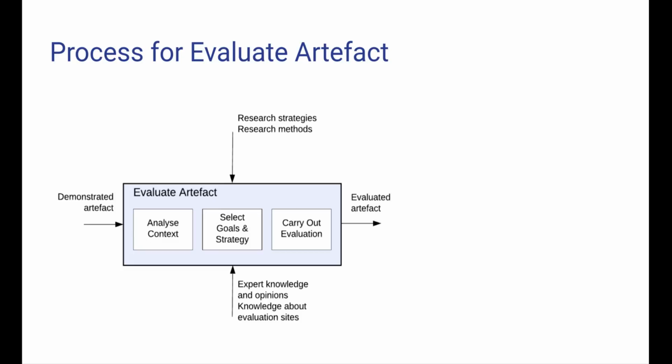It's about analyzing the evaluation context, about selecting evaluation goals and strategies and also research methods, and finally about actually carrying out the evaluation. In the following, we will see what this means for the interesting quest giver case.